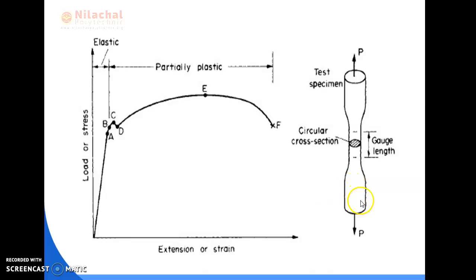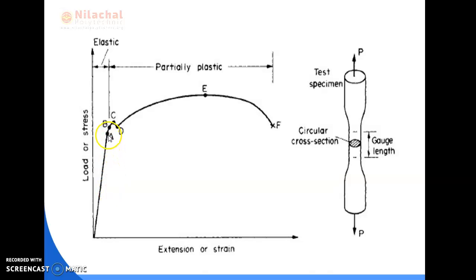The load is applied upon the material up to point A. The graph follows a straight line with the applied load up to point A. This point A is known as your elastic limit point. From the origin to point A, this zone is known as your elastic zone.